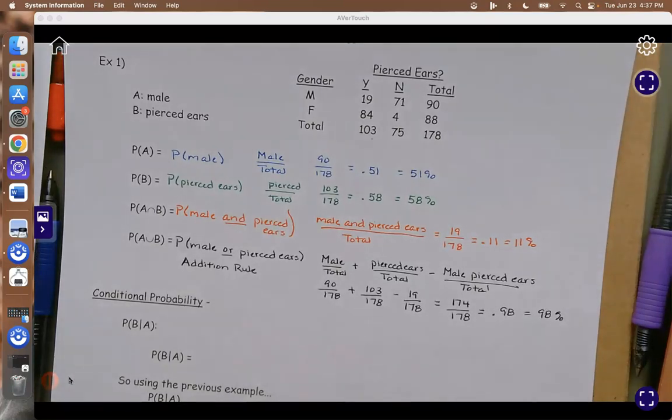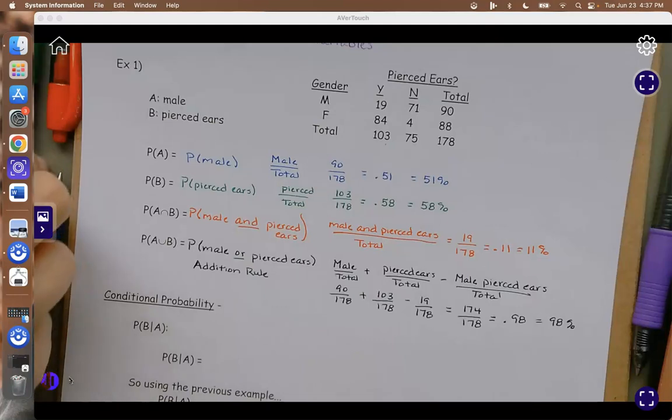Okay, conditional probability. Okay, let's look at that.